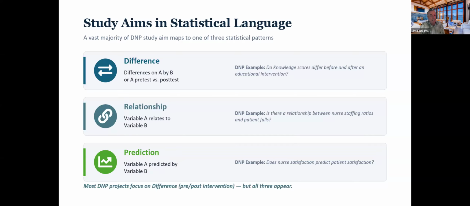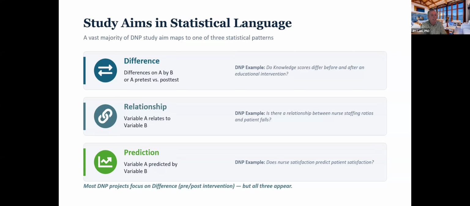Relationships is just relating two variables. Typically, it's bivariate, so we're just looking at the relationship between two variables, and you can use the relationship language, okay? And people will know typically what that means. Prediction, the synonyms for that: do these variables impact that?